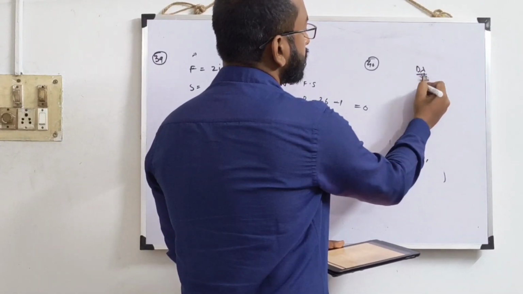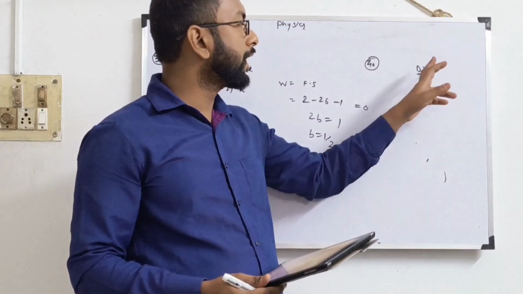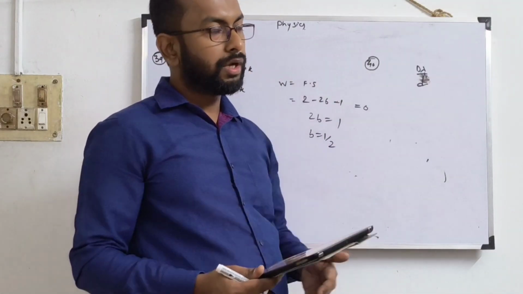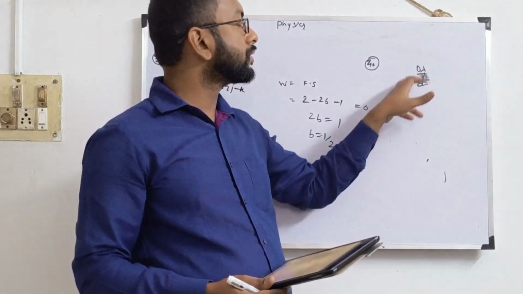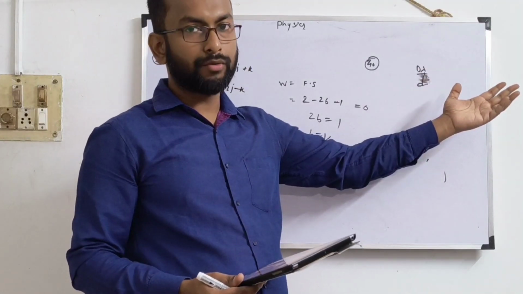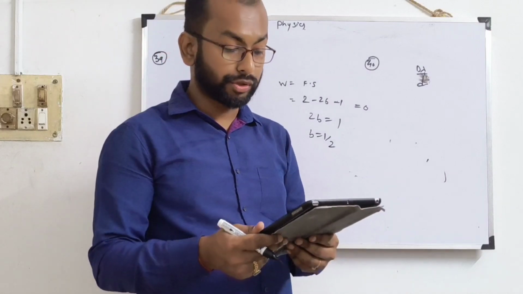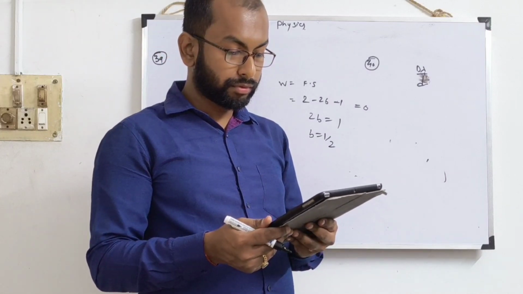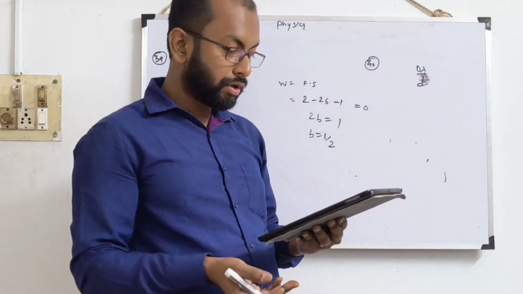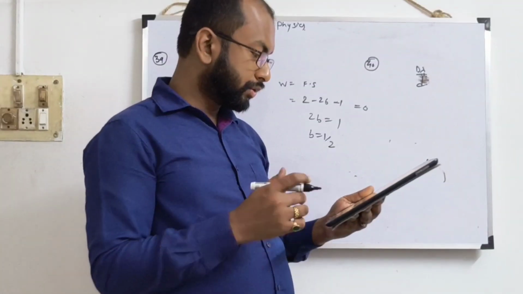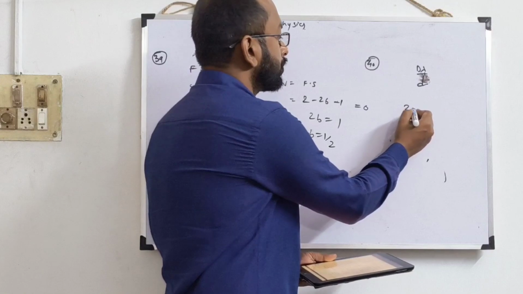For red light, the value of lambda is the highest among the visible range. So the fringes will be far away from each other compared to blue light. For blue light, they will be closer. So it is given wrong. The assertion itself is wrong, so that means option number 2.